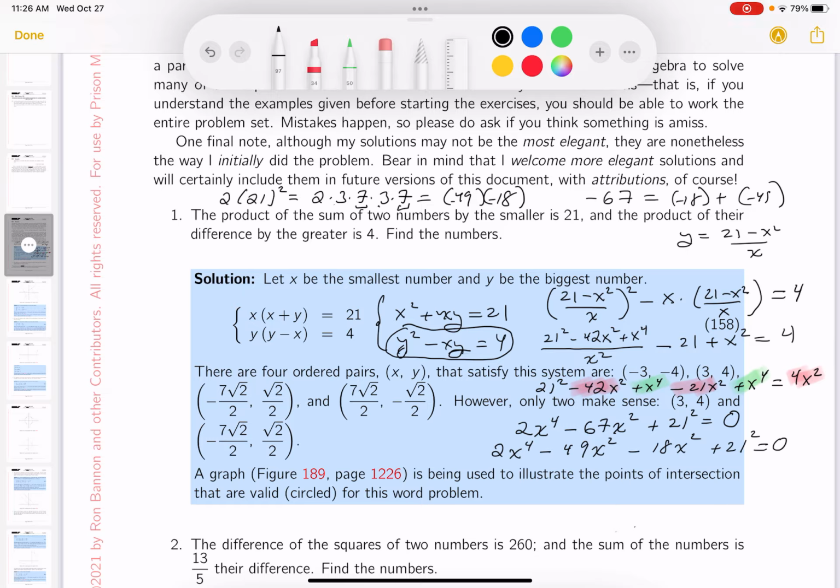All right, let's see if we can do that. So you get x squared, and you would get what? 2x squared minus 49.